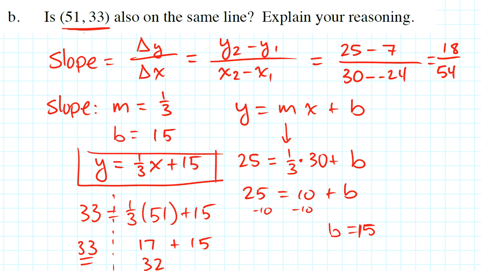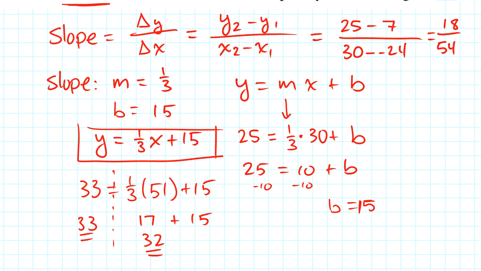When I plugged those in, I got on one side the number 33, and on the other side I got the number 32. And although they're very close to each other, they would have to be exactly the same in order for me to say that (51, 33) was on the line.